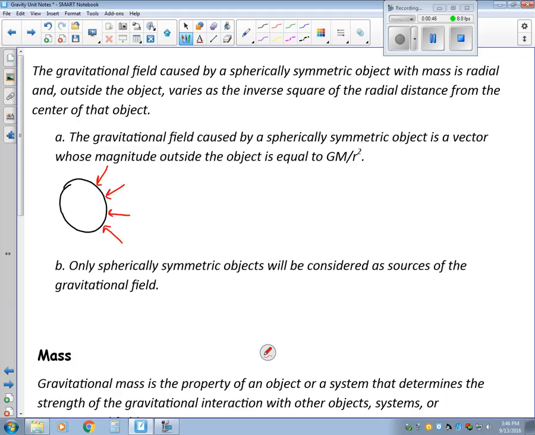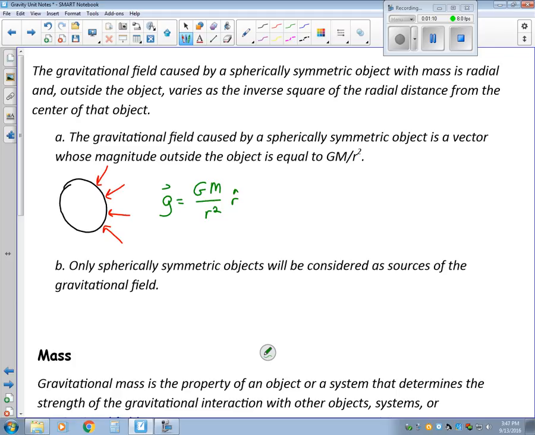So notice as you get farther away, the spacing between the lines gets wider. So that means then that the gravitational field strength would look like this. And I can turn it into a vector by multiplying by the unit vector r hat.